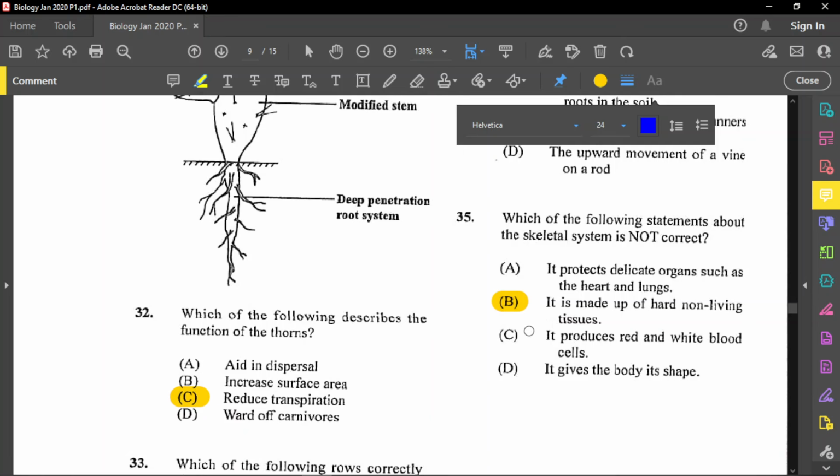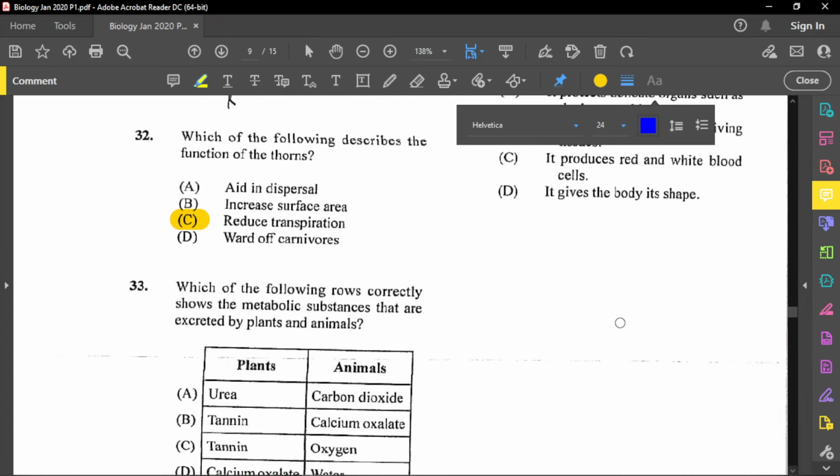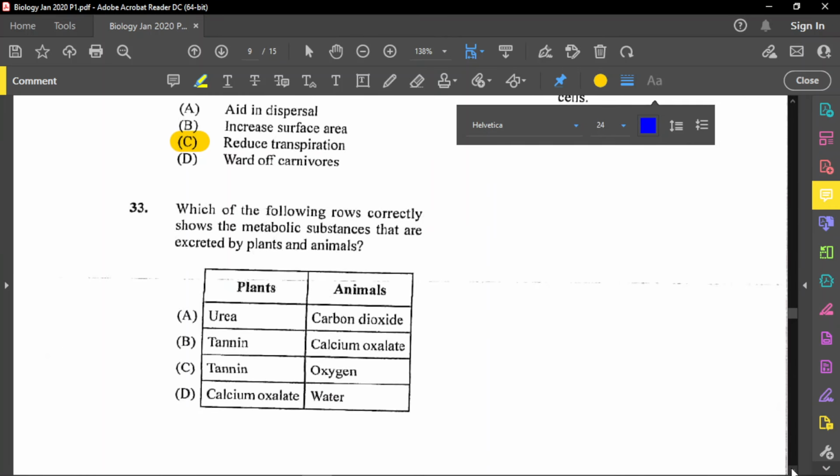That's the bone marrow. It produces red blood cells and white blood cells. True. It gives the body shape. Yep, to make us upright. And when I say shape, it doesn't necessarily mean your curvature. Of course, it does help, but it maintains shape in terms of man being upright, or crawling, or like dogs shaped a certain way, man shaped a certain way.